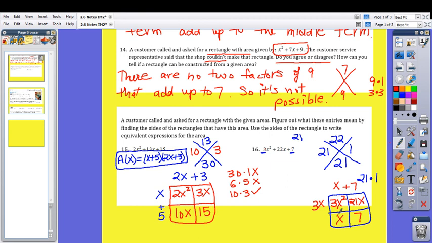And then if this is x, then this has to be 1. And then 1 times 7 is 7. So it's making sense. So it will be 3x plus 1 and x plus 7. Okay, so this is how we do it. I will show you some homework problems too, so that you can work on them.